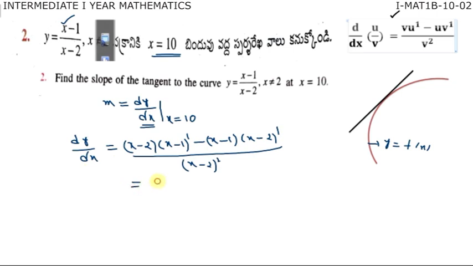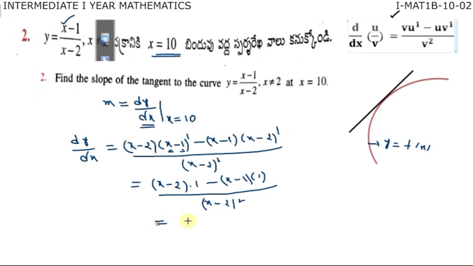Now simplify. Derivative of x is 1 and the derivative of 1 is 0, so overall 1 minus 0 means I am getting 1. Here also the derivative of x is 1 and the derivative of the constant is 0, so overall I am getting 1.